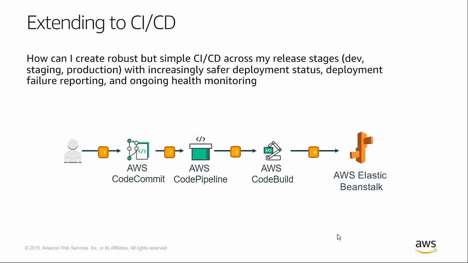And today, if you think about how you can create a very robust but simple CI/CD across your release stages, all the way from development to staging to production, with increasingly safer deployment status and reporting, as well as ongoing health monitoring, Elastic Beanstalk, in combination with our AWS code services, such as CodeCommit, CodePipeline.